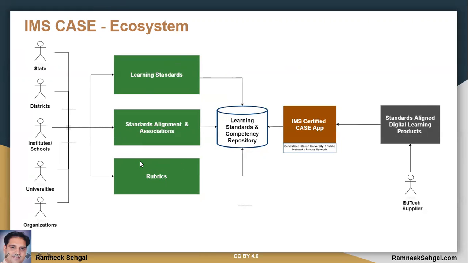And now they have packaged and stored everything, and this information is served by one unified specification, which is the IMS case model, to all the learning tools and platforms so that they can align their content and products to match the standard. Let's dig deeper.